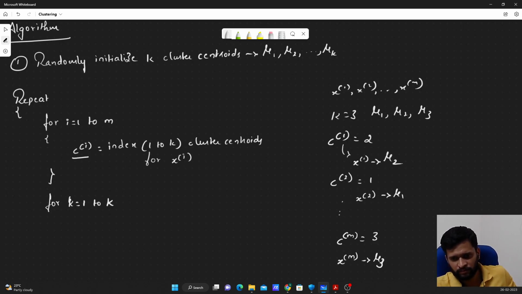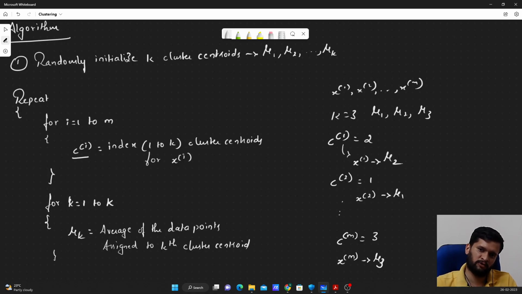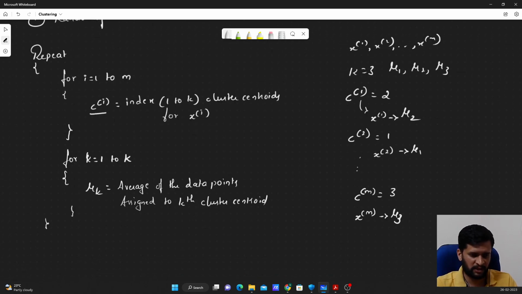So what we do is move mu k, again small k, equal to the average of the data points assigned to the kth cluster centroid. Okay, so this is how we can write the k-means clustering algorithm in a more mathematical way.